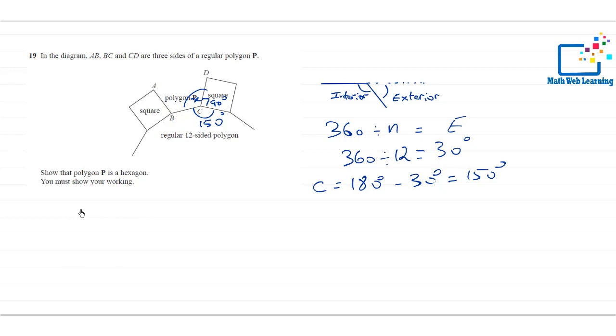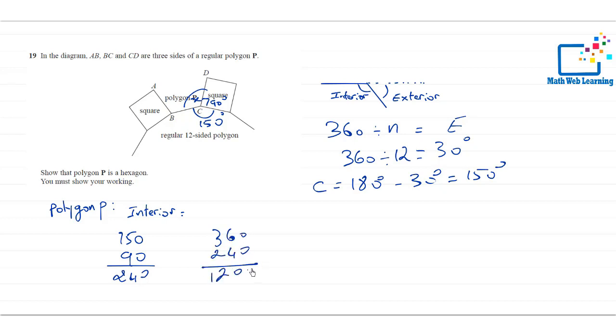Let's do it here. So we're trying to achieve polygon P now. We're doing the interior. So first, we add these two, okay? That's 240. And then we do 360 minus 240. That gives me 120. So the interior angle of the polygon P is 120.